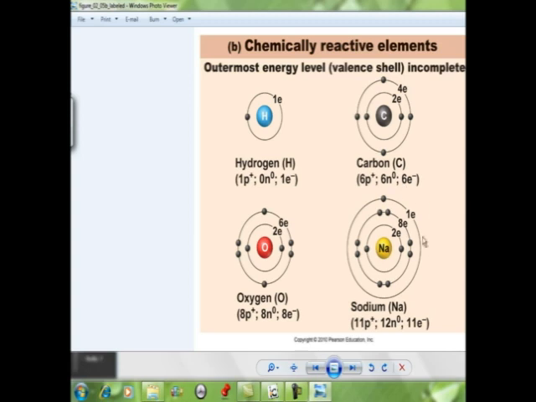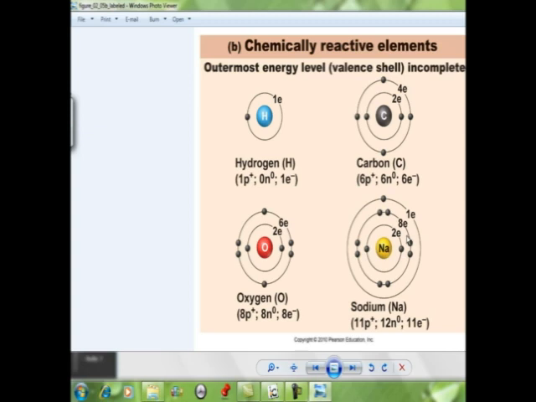How about sodium? Go over and look at sodium before we draw it out. Just go find it on the periodic table. What group is it in? 1. How many electrons does it have? 11. So we're going to put 2 in the first energy level. Then how many can the next energy level hold? 8.